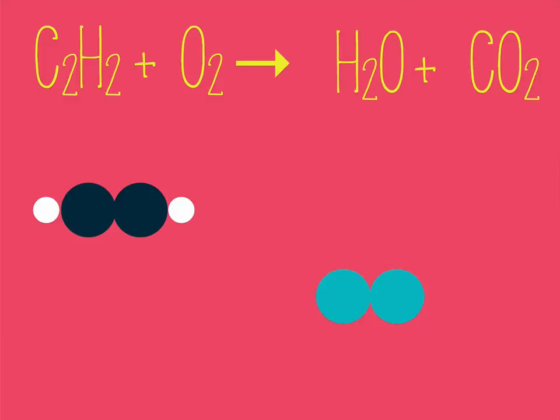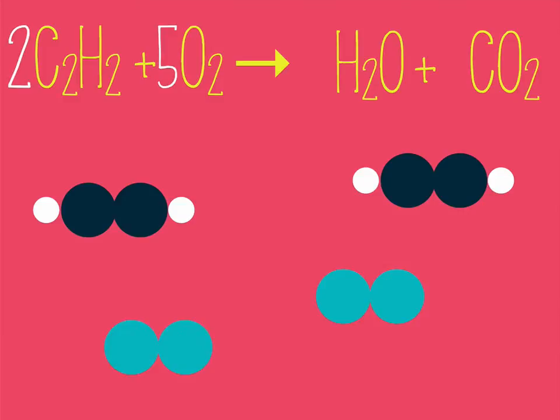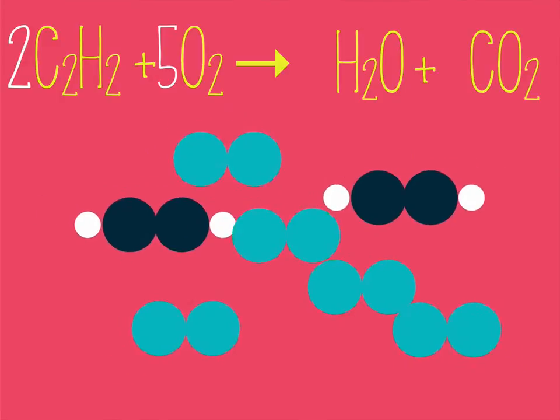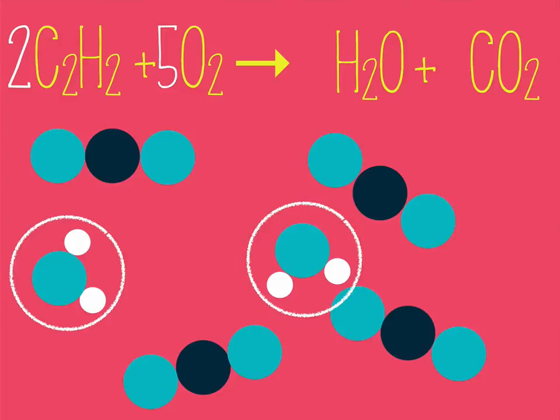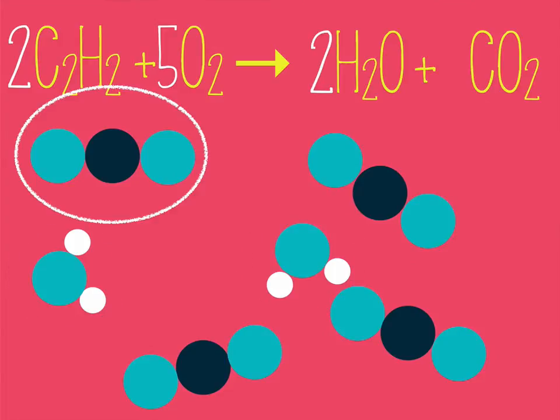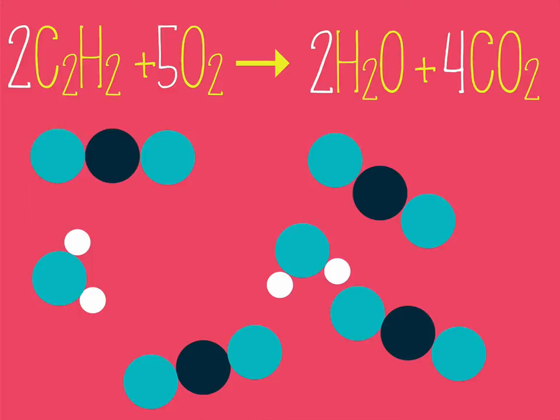So, we actually need 2 molecules of acetylene for every 5 molecules of oxygen. When they react, they rearrange and make 2 molecules of water and 4 molecules of carbon dioxide. Now the equation is balanced and true.